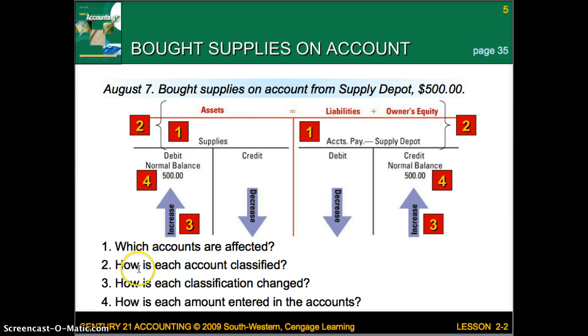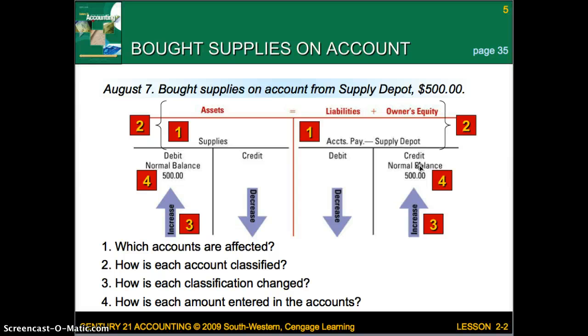Okay, so how is each account classified? Supplies is an asset. Accounts payable is a liability because I owe it. Okay, so each classification has changed. My amount of supplies is going up. Okay, and the amount that I owe them is going up. First, I owed them $0, so my pile of what I owe was at nothing.